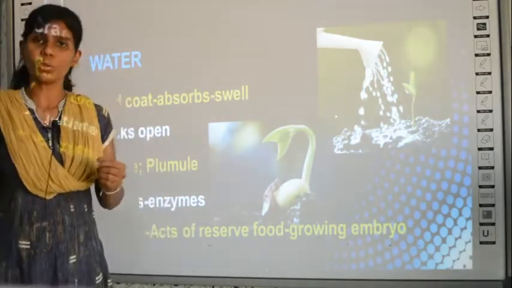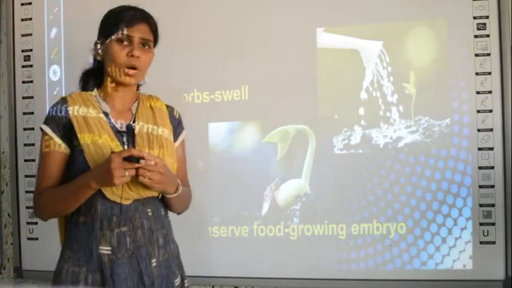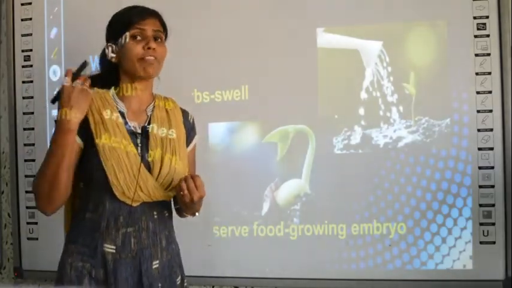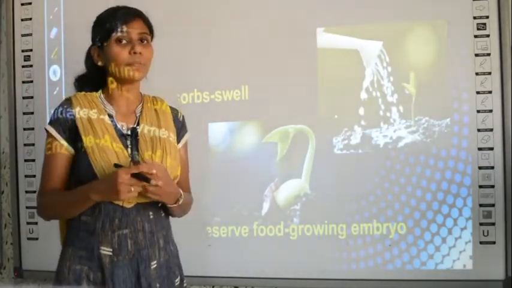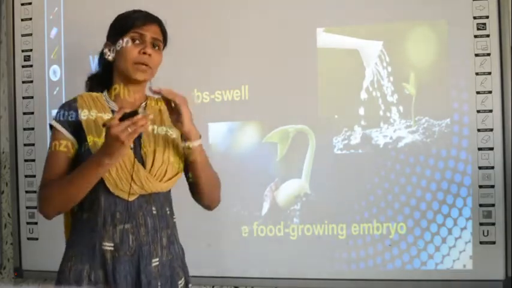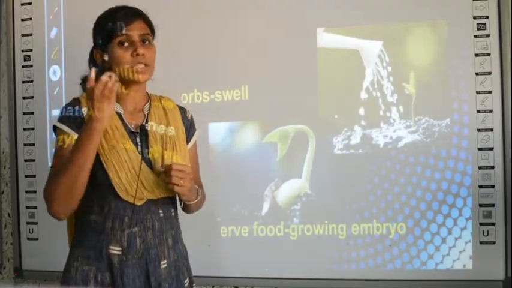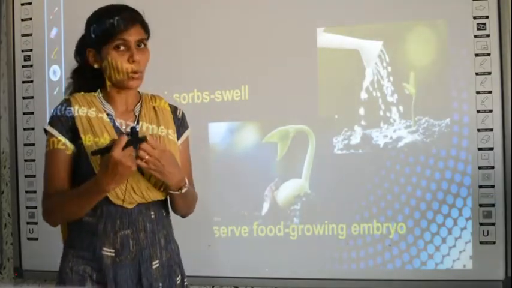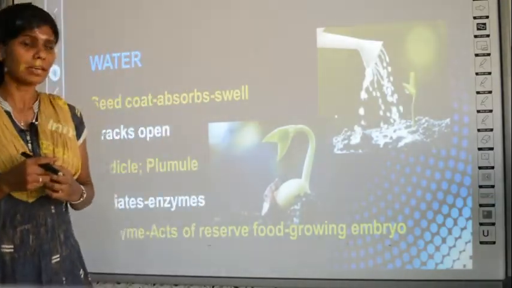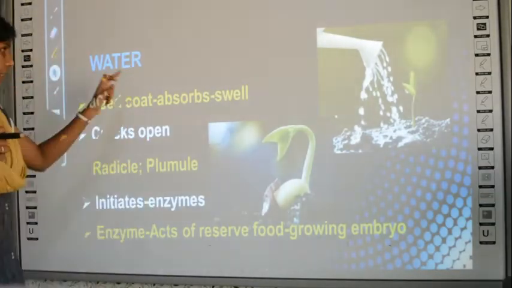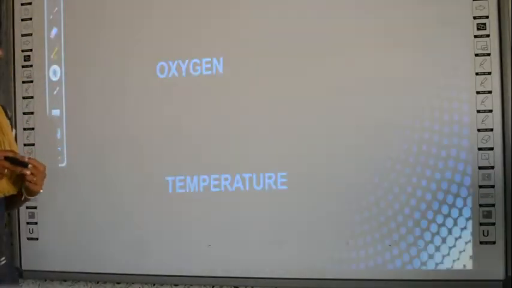So for a seed, do you add fertilizers at all? No, right? The seed doesn't take fertilizers or nutrients from the soil also. Until it grows to some level, it will just use the food which is stored in the cotyledon. Clear? So this is about the requirement of water for germination.